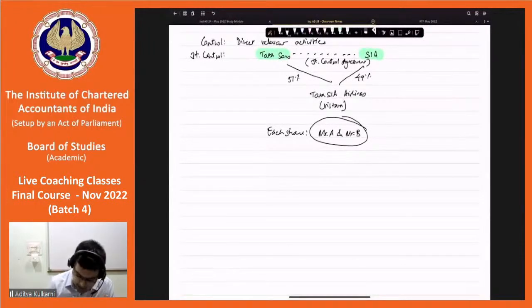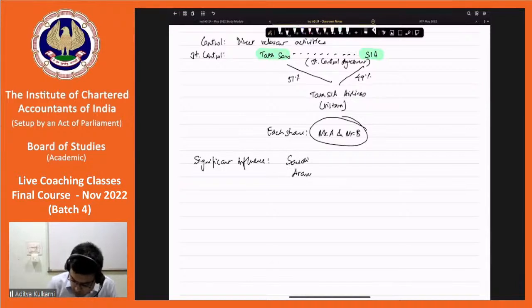Next one. Control is done. Then we move on to significant influence. Saudi Aramco, you must have heard the name. This has invested 25% in Reliance Industries.